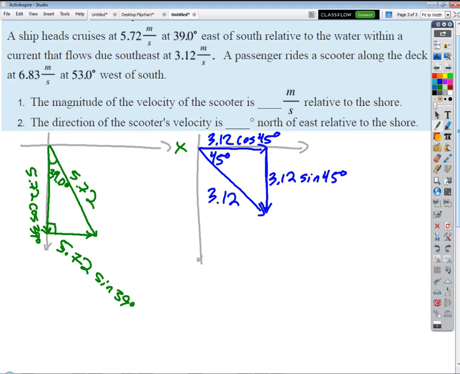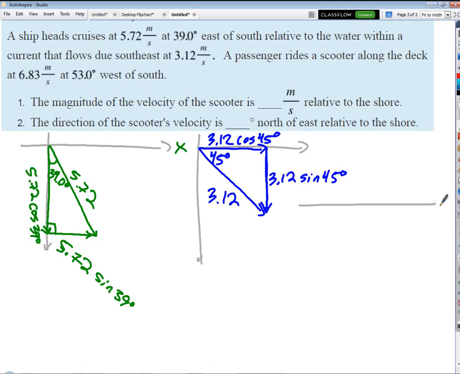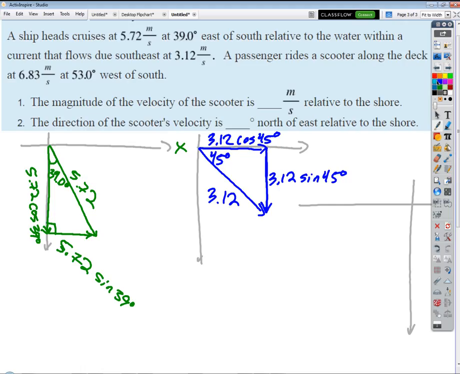So if we draw that one then, something like this, right? So the scooter will be red, how about? So 53 degrees west of south, something kind of like that. Is that the right spot? Yeah. Okay. This is 6.83.